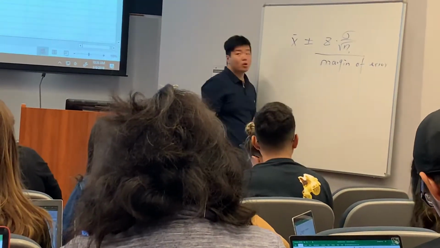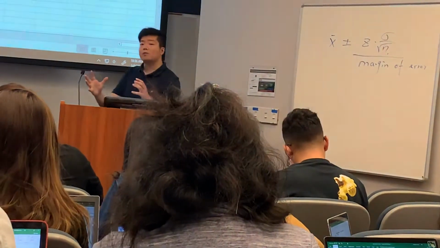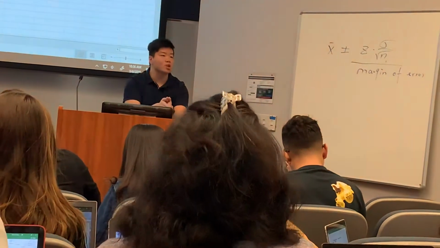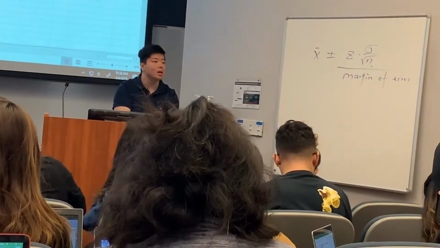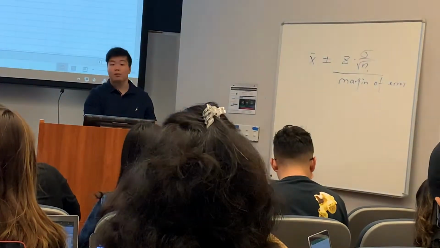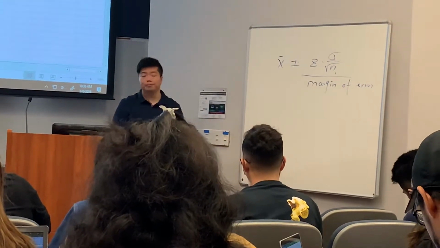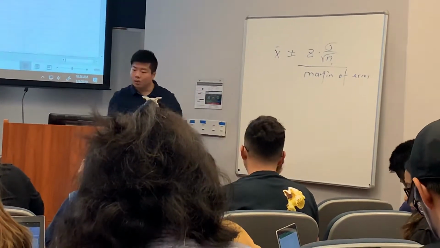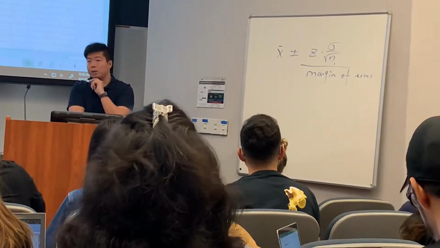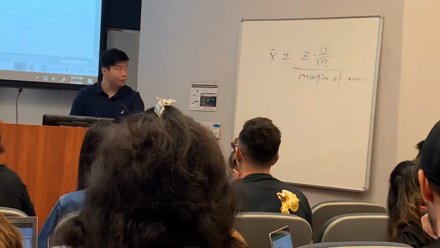We have a margin of error because when we're using the sample average to estimate the population average, our result cannot be that accurate. It must have some error. So we call this part the margin of error. We don't have to use both endpoints, but personally I prefer the upper endpoint.